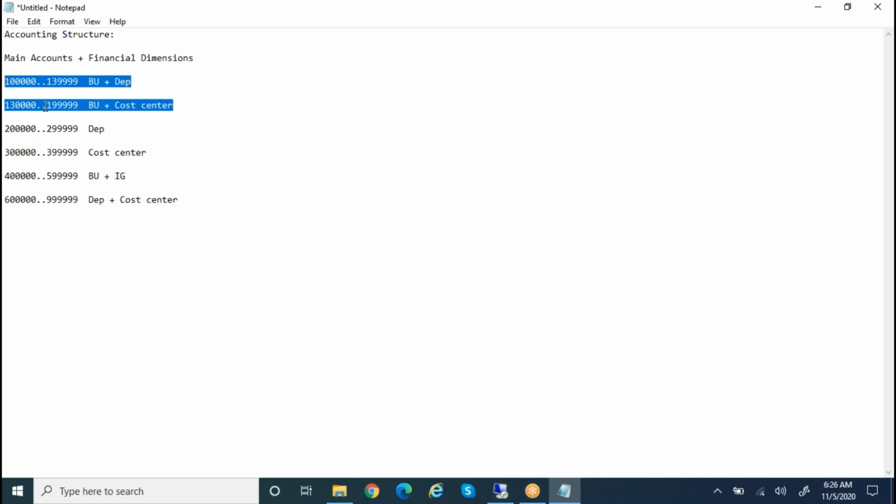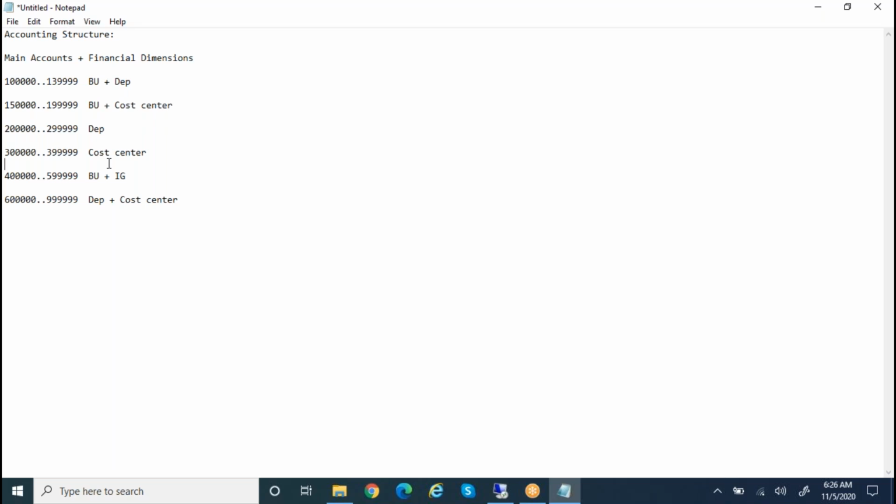If you are doing like this, it will throw a warning message. Suppose you are mapping like this, what happens? System will not recognize 1-4 series. Even though main accounts are there, system will throw an error message, main account does not exist. Suppose 140100 is there, it will throw the error message main account 140100 does not exist.